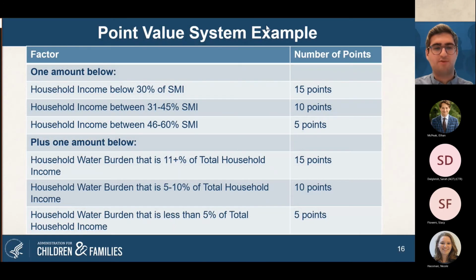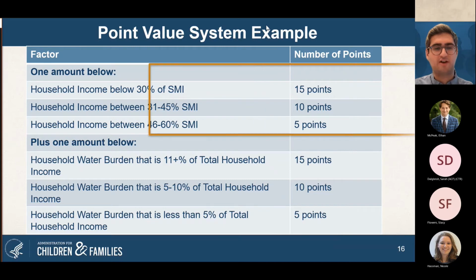Now, we'll review examples of the benefit matrix for the point and monetary value systems. Please note that this is an example, and your benefit matrix should meet the needs of your area. In this example, points were awarded for 4 factors: household income, household water burden, household members, and unemployment. This first factor awards points based on the household income.